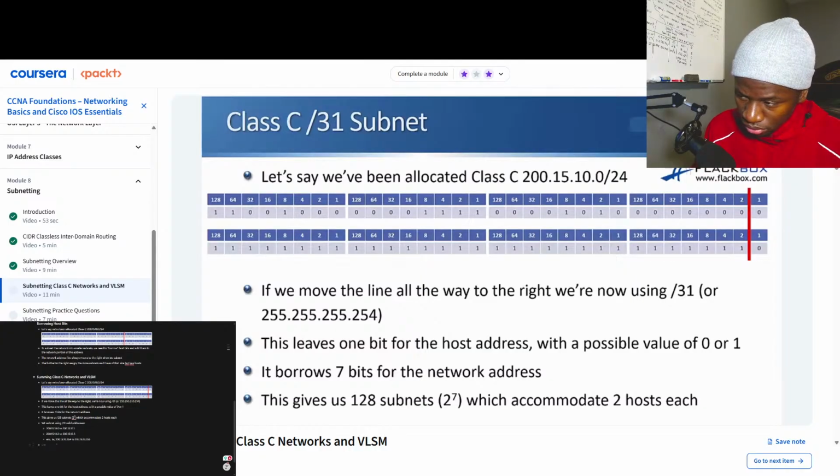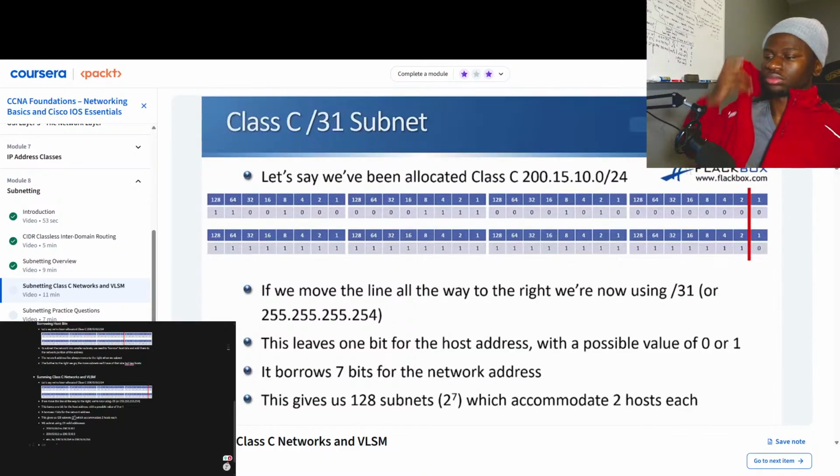If we wrote that subnet mask in dotted decimal notation, it would be 255.255.255.254. We get the 254 because it's 128 plus 64, 32, 16, 8, 4 plus 2 comes up to 254. So that leaves 1 bit for the host address, which has obviously got a possible value of a 1 or a 0.